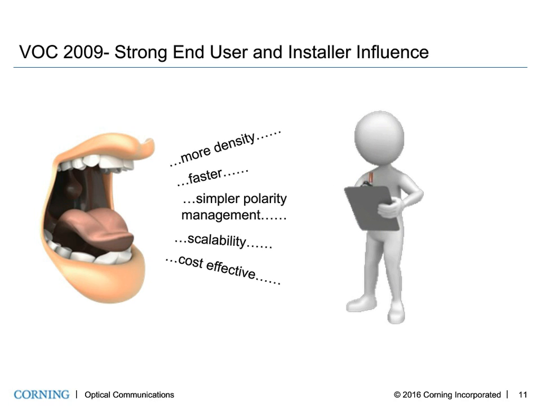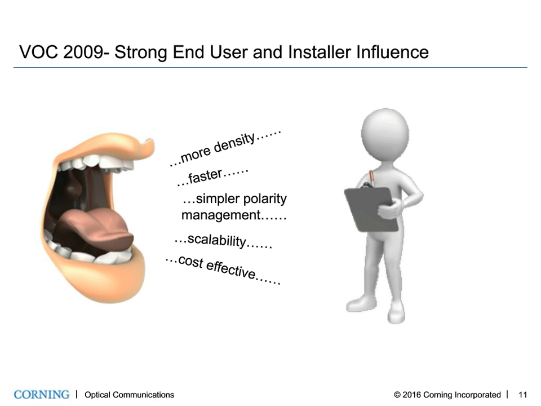So when we went out, it was essentially, if you could start a data center solution from scratch, what problems would you try to solve? And you heard things like increased density, faster deployment, better polarity management, scalability, cost effectiveness, usability.